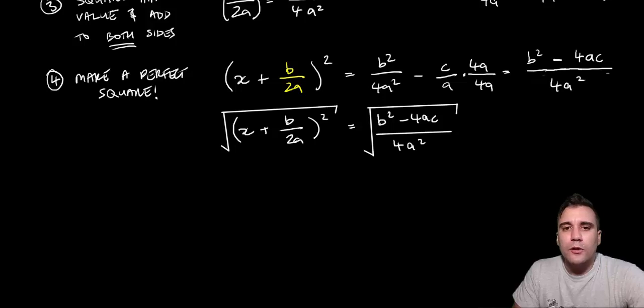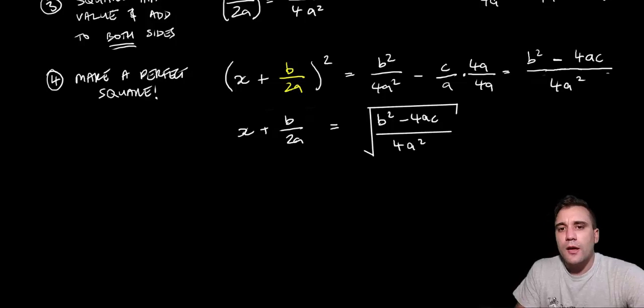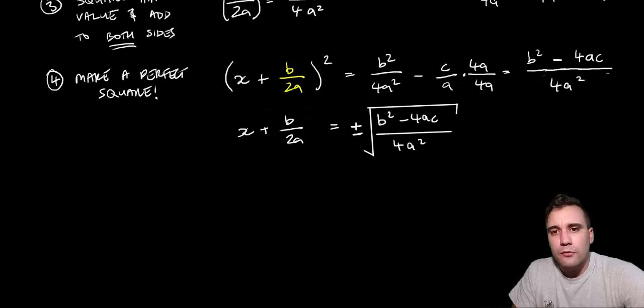This is interesting because this square root and the squared are going to cancel each other out. We're going to get rid of those, and then we don't need the brackets anymore because there's nothing outside the brackets. And this square root is going to have two possible results, a positive and a negative result.